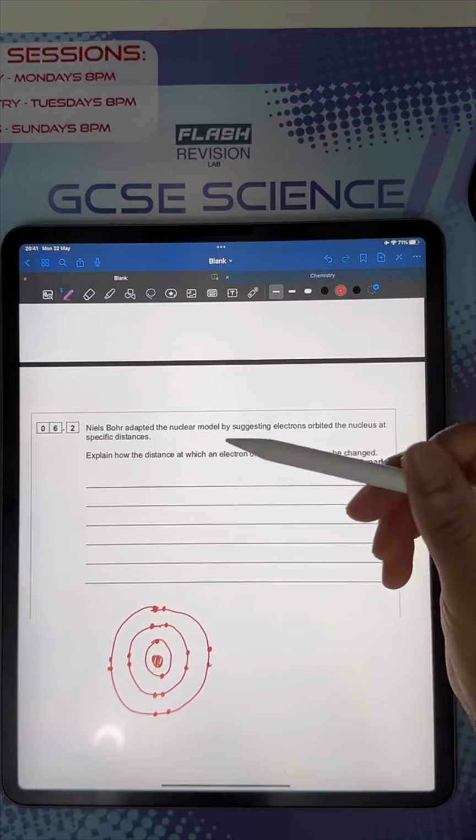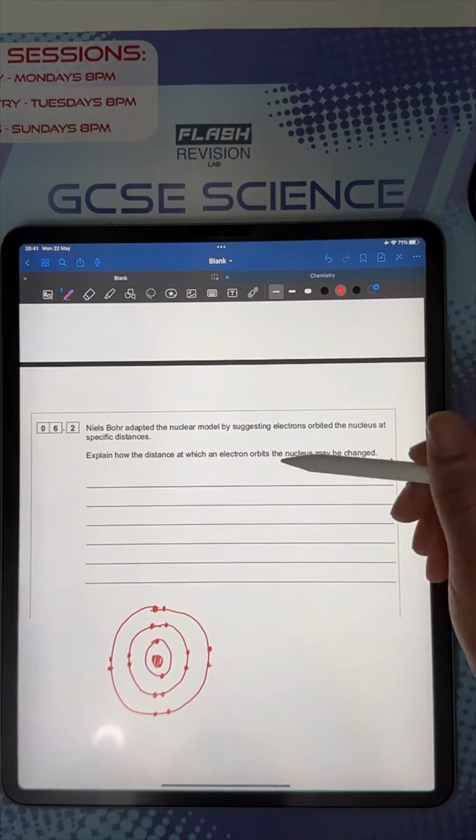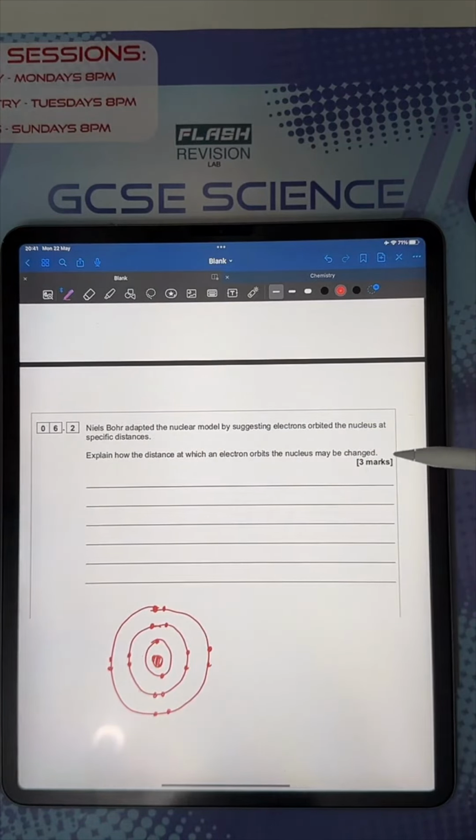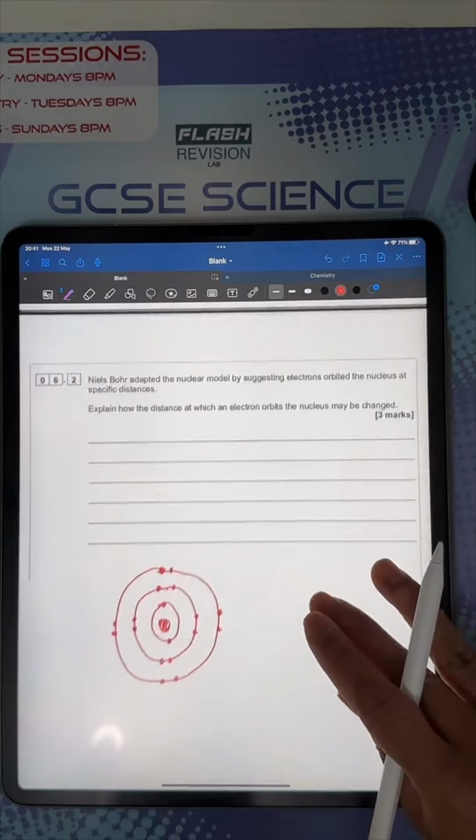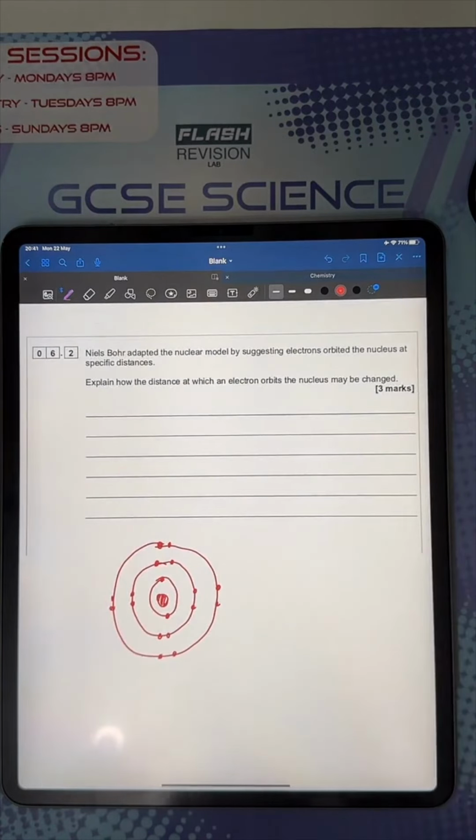So, how does the distance at which an electron orbits the nucleus, how can it be changed? Anyone know this? This is tricky, this one. It's not like a really common question, but it is part of the spec. Not ionization, nope. Ionization completely removes electrons.